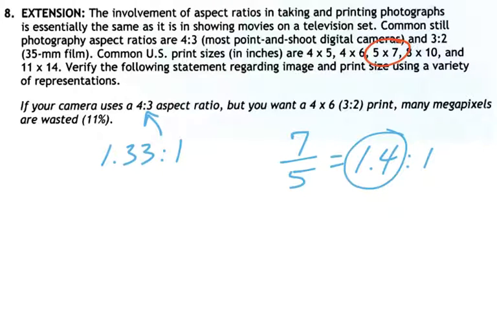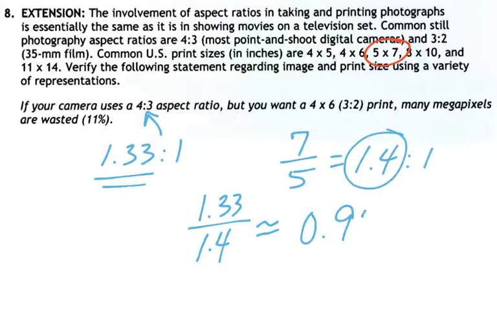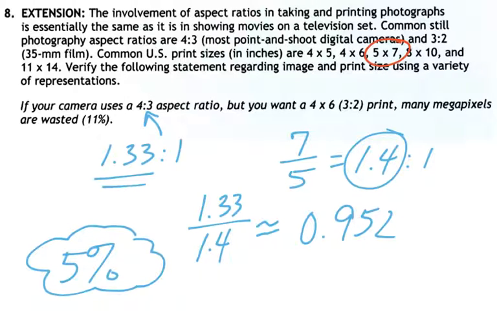Again, take the smaller one divided by the bigger one. 1.33 to 1 divided by 1.4 to 1 is approximately 0.952. Again, subtracting from 1, this is approximately 5% pixels wasted. So the 5:7 is even better than the 4:5 picture.